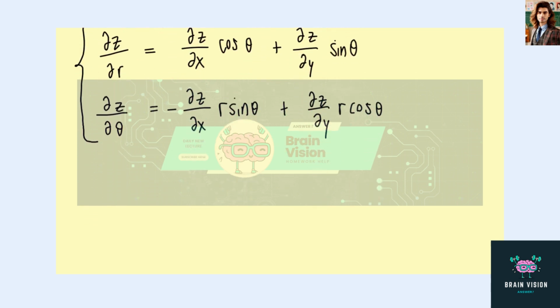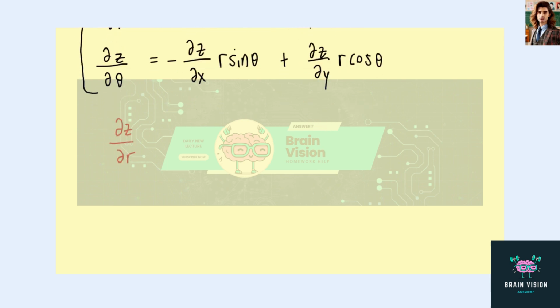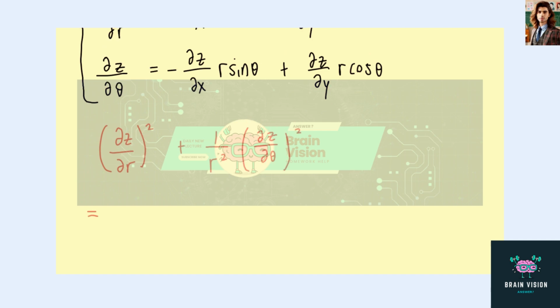Now for part B, let's consider the right-hand side of the equation. So that is partial z partial r squared plus 1 over r squared times partial z partial theta squared. And let's plug in our results.